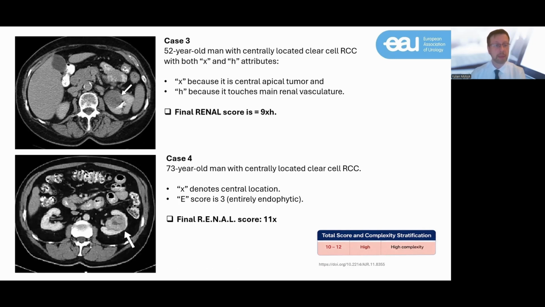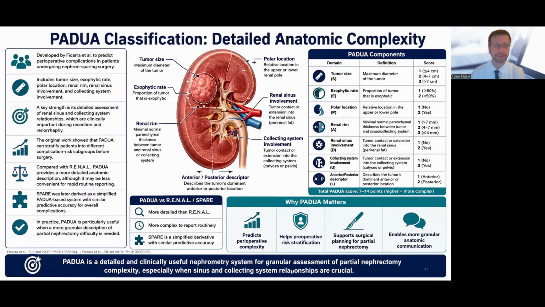In case number 4, a 73-year-old man with a centrally located clear cell renal cell carcinoma of the left kidney. In this case, X denotes the central location of the tumor. The E score was 3. It means that the lesion was entirely endophytic, and the final RENAL score was 11X. In both cases, there was a high surgical complexity according to the final RENAL score.